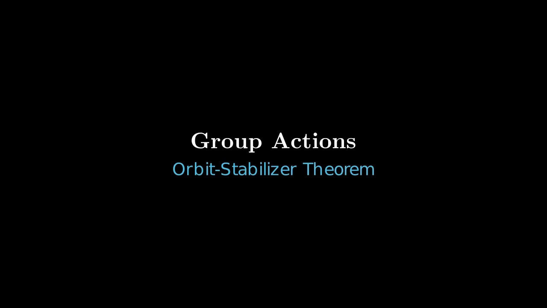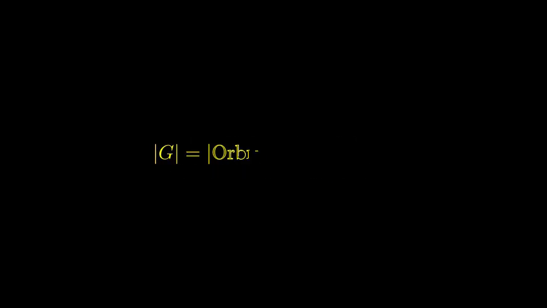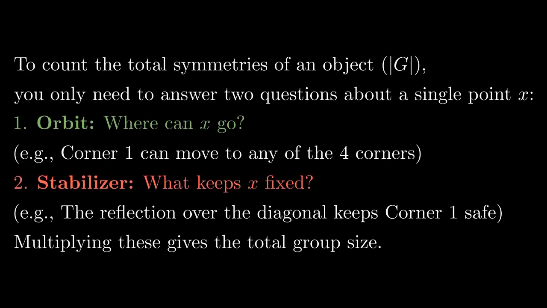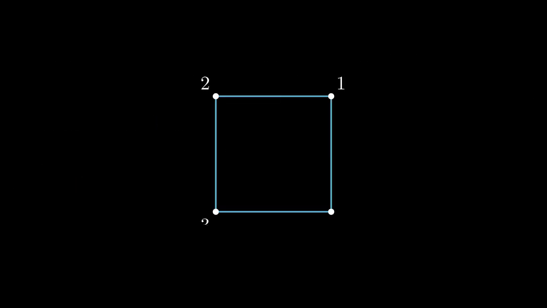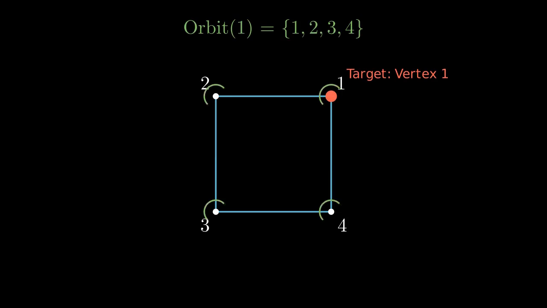Group action is also a new concept, which tells us how we can count the number of symmetries of the group. We have to get to know what an orbit and a stabilizer mean. An orbit is where an element can go. A stabilizer is what can fix that element.